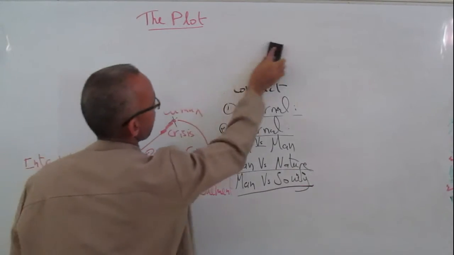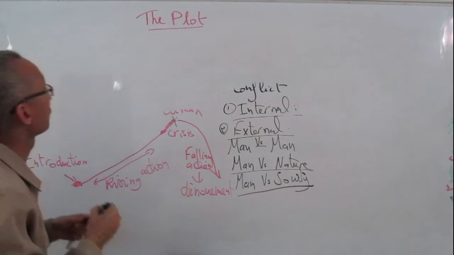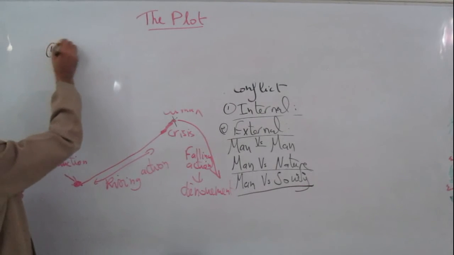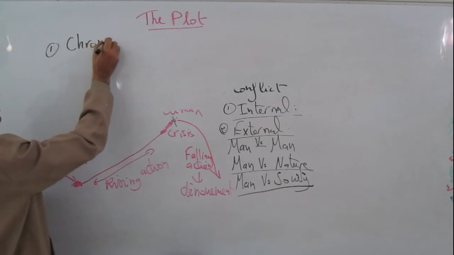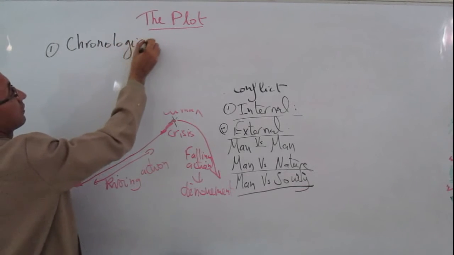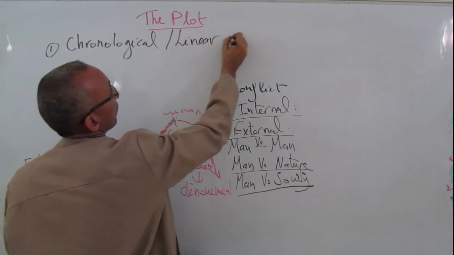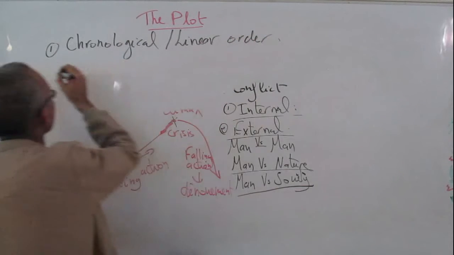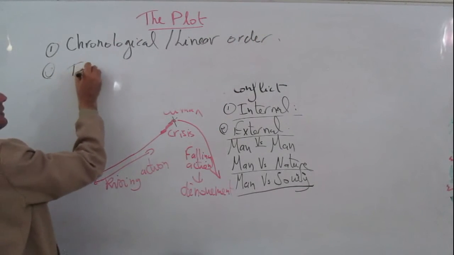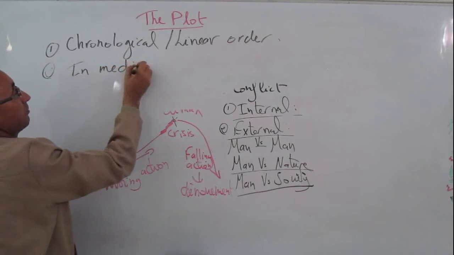In media res. So we have first chronological or linear order. Number 2, we have in media res.